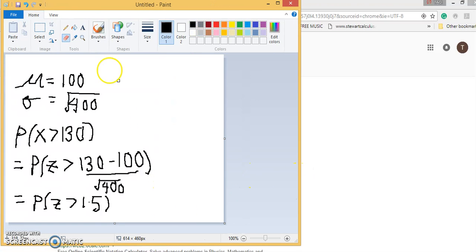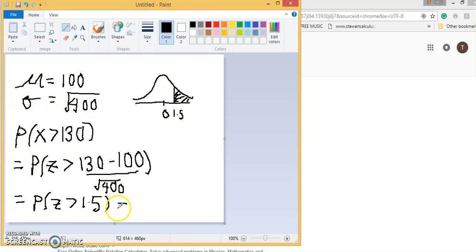Now if we sketch the graph of it, this is a graph and this is 0. So 1.5 is somewhere here. It's the small area that we want, so it's equivalent to the negative of it also.